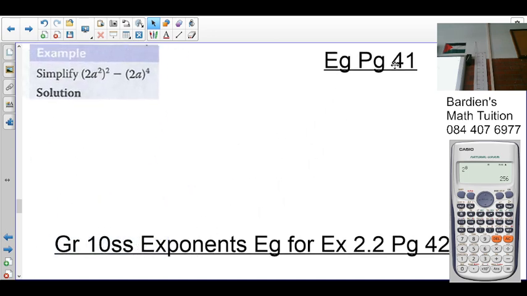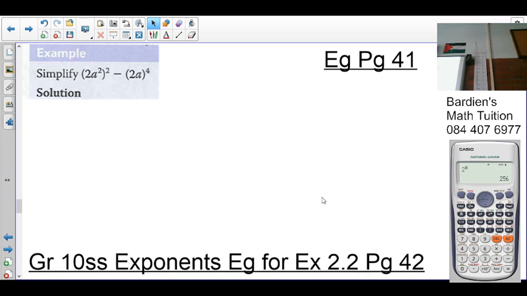Let's look at the next example. Here we are given an expression to simplify: 2a squared raised to the power 2 minus 2a raised to the exponent 4.